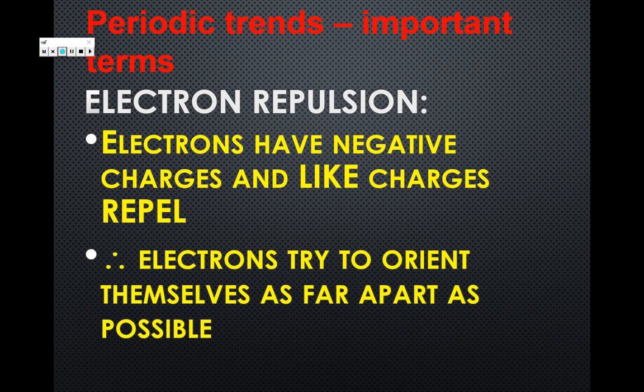Okay, so electrons have negative charges, and like charges repel. Therefore, electrons try to orient themselves, so you have to think in 3D. How are the electrons arranged? They are arranged as far apart as possible. We talked about this when I reviewed Lewis structures: we don't draw the symbol with all 5 valence electrons, let's say, stuck together, because that does not happen.